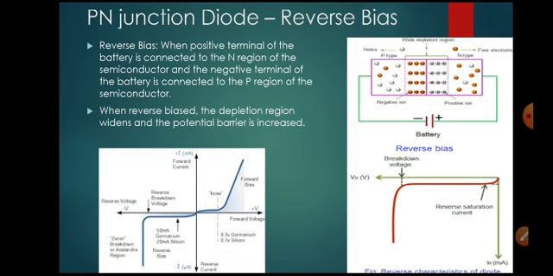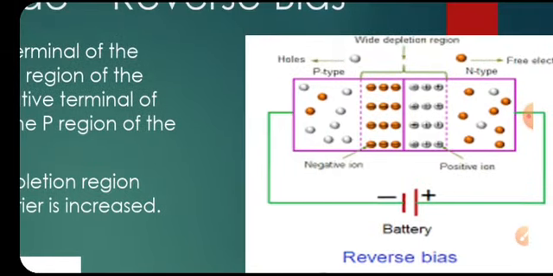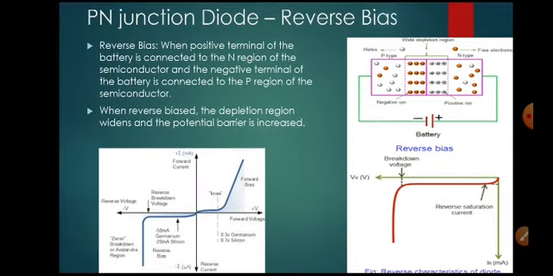In reverse biasing, the flow can be controlled. The depletion layer widens, so the resistance increases and conduction decreases. Here the junction diode is connected in reverse bias.